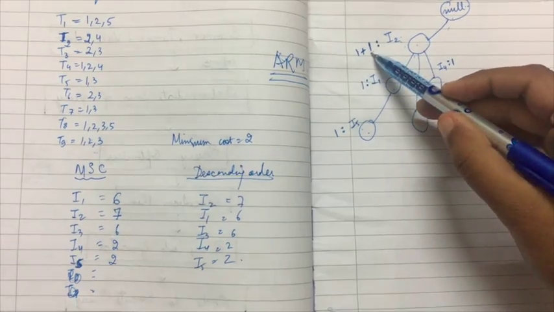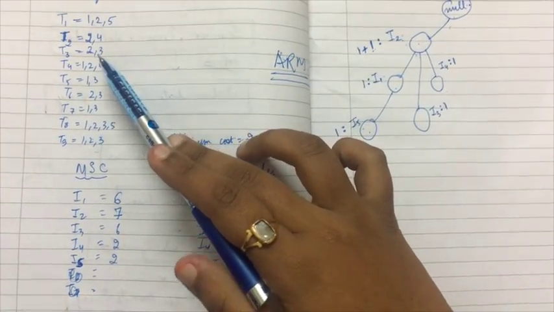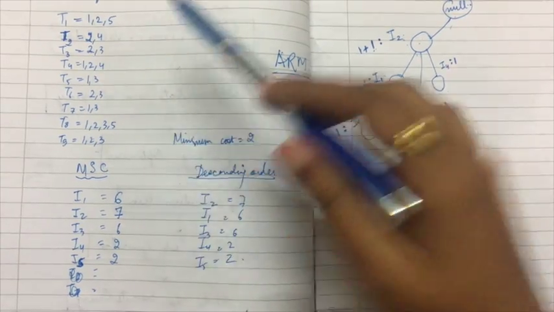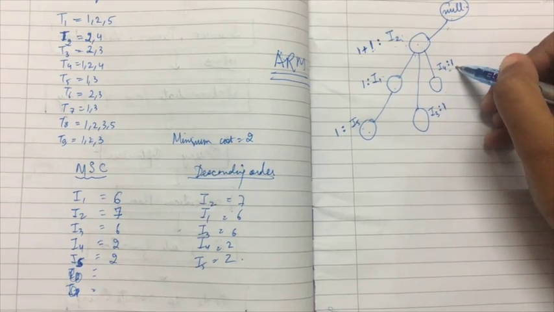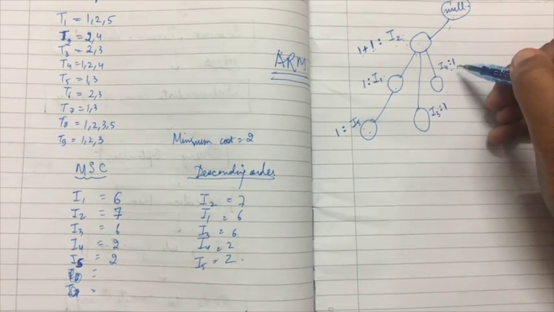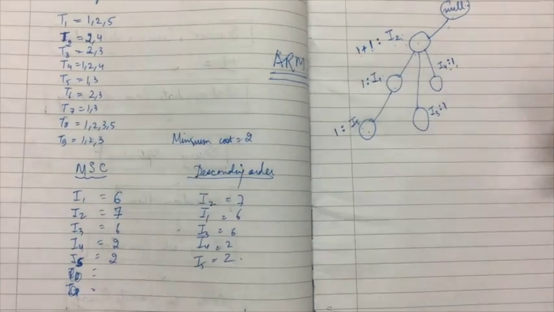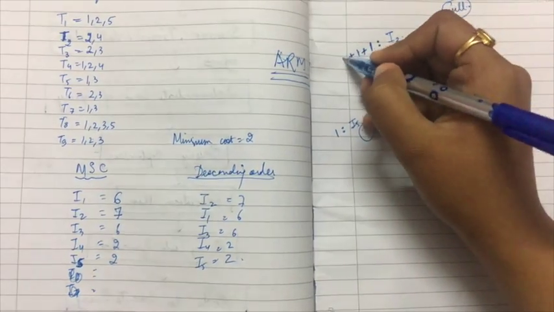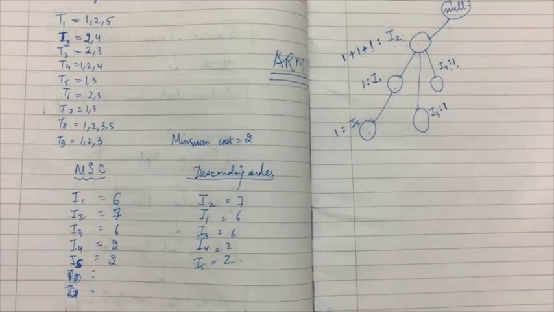Now again, when the second transaction took place, the items purchased were 2, 4. That is, I2 was purchased one more time and item 4 was purchased along with it. When transaction 3 took place, that is 2, 3, item 2 was again purchased and along with it item 3 was purchased. That is how it is going on.